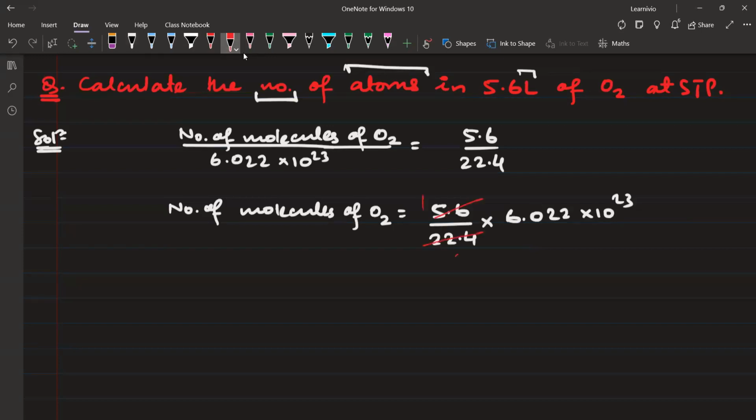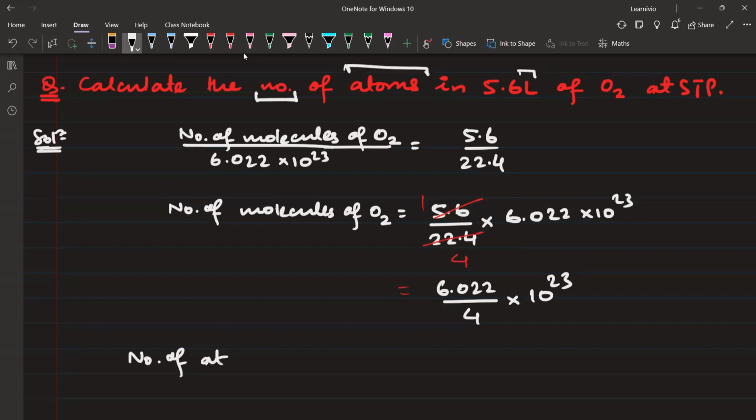It could be 1 by 4, and this would be 6.022 upon 4 into 10 to the power 23. Please don't do the division here.